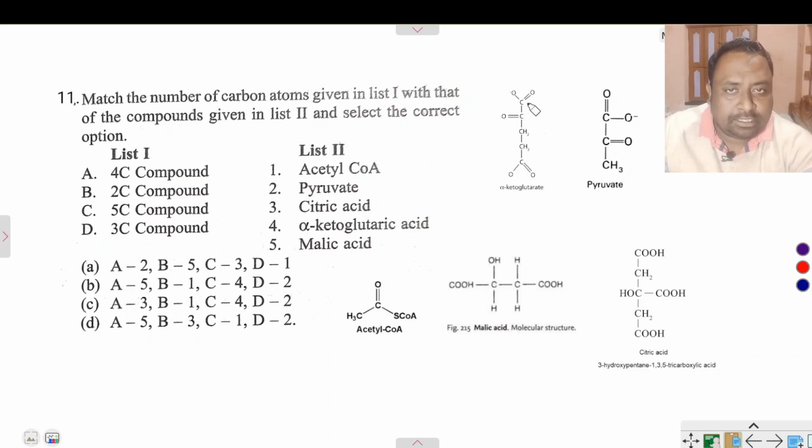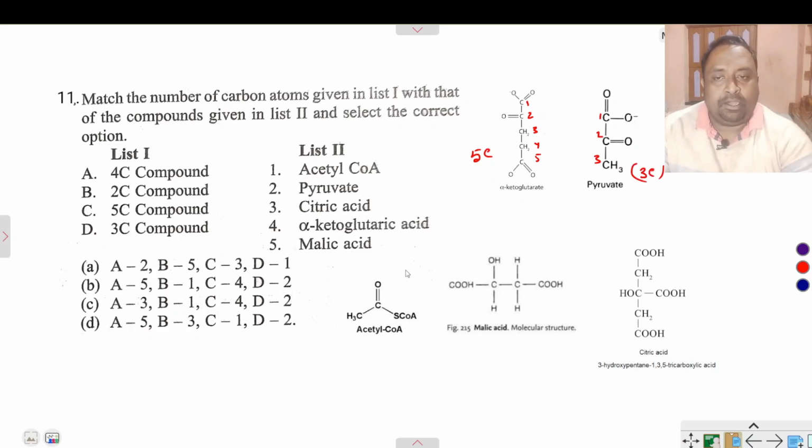In alpha ketoglutaric acid, number of carbon is 1, 2, 3, 4 and 5. So, alpha ketoglutaric is 5 carbon compound. In case of pyruvate, there are 1, 2 and 3. So, 3 carbon compound is pyruvic acid. Acetyl-CoA is 2 carbon compound, 1 and 2.